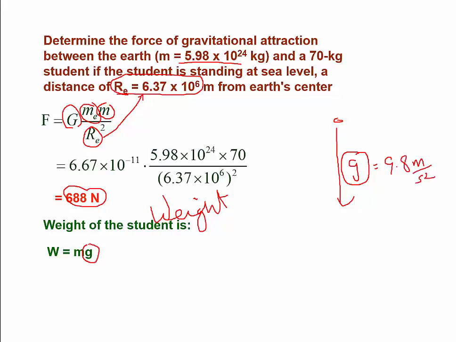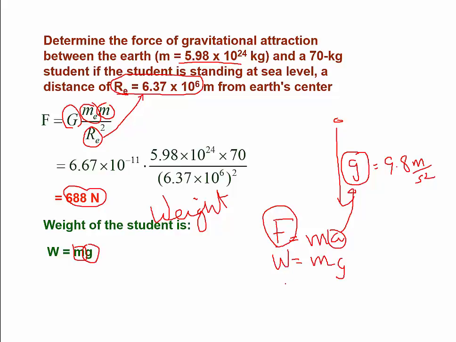Now, if you want to find the weight of an object, all you need to do is multiply mass by the acceleration. Remember we said F equals ma, didn't we? Well, in the case of you jumping from the building, the force is the gravitational force, and that will produce an acceleration equal to g, so that gravitational force equals mass times g, and that gravitational force is what we call the weight of the object.